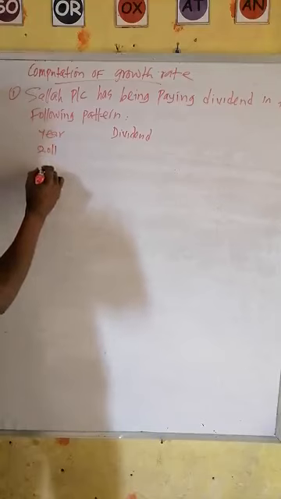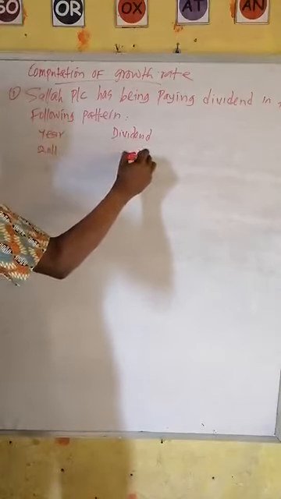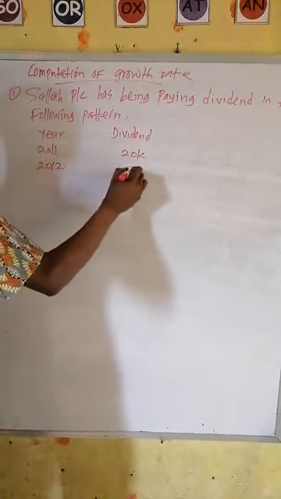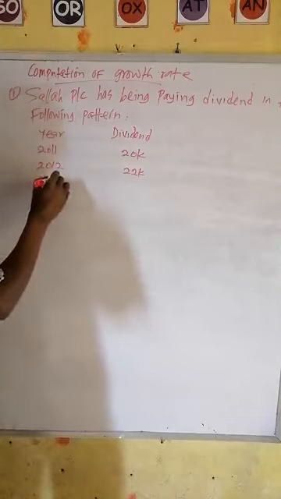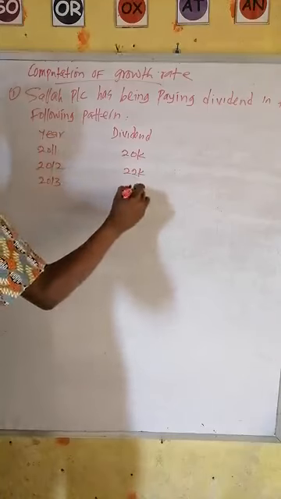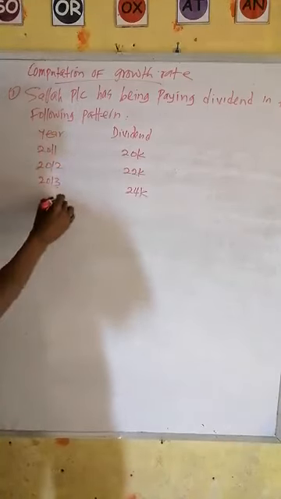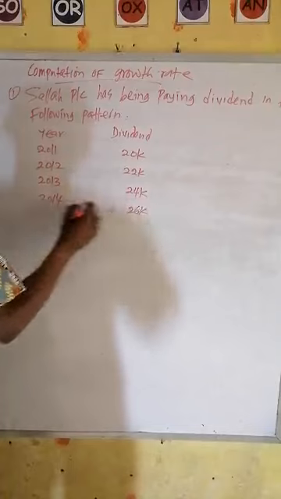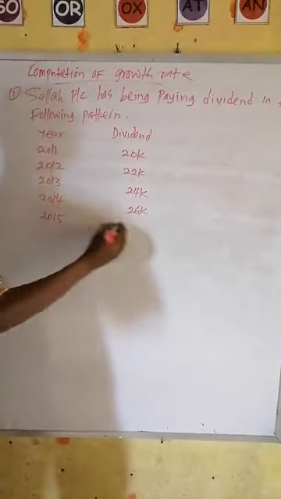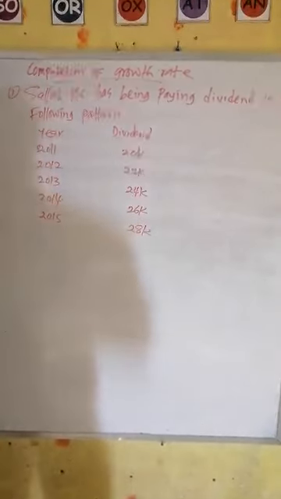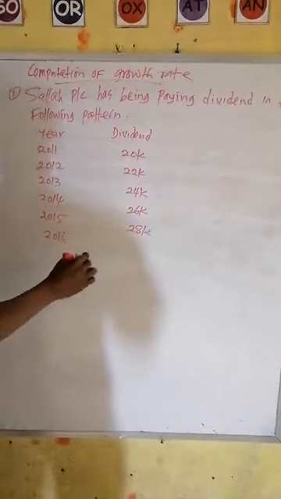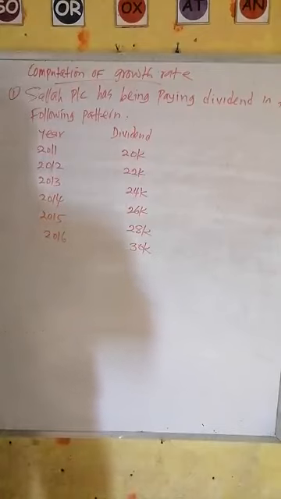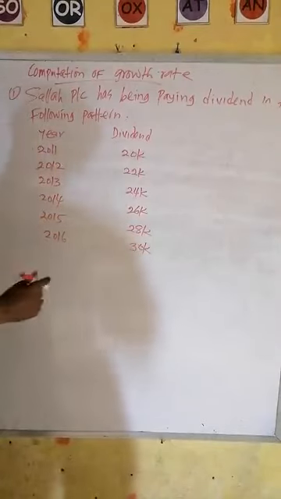In 2011, we paid 20 kobo dividend. 2012, we paid 22 kobo. 2013, 24 kobo. 2014, 26 kobo. 2015, 28 kobo. 2016, now paid 30 kobo. Okay, you are required to calculate.